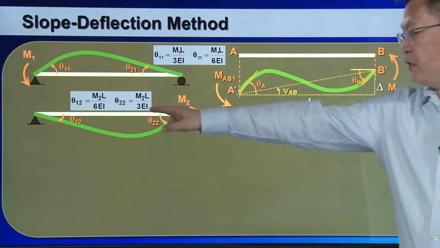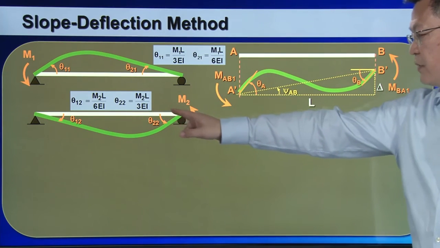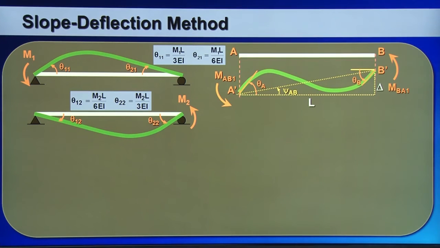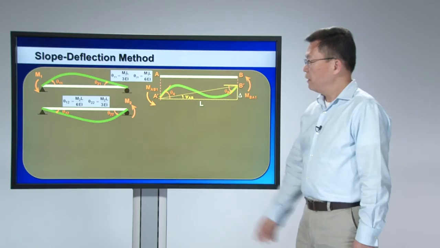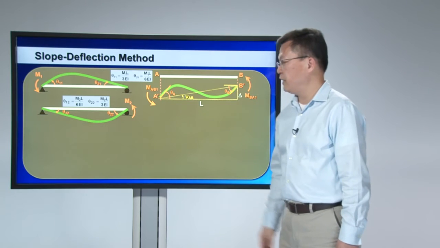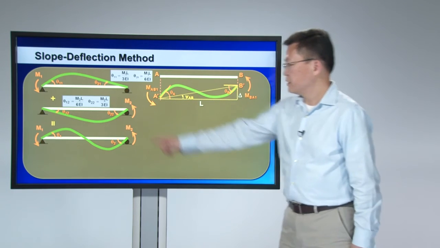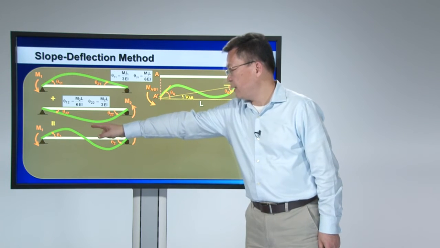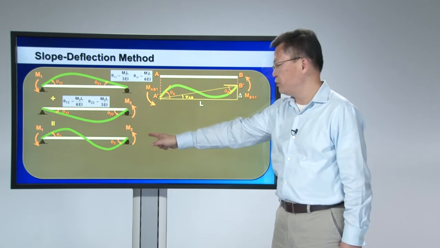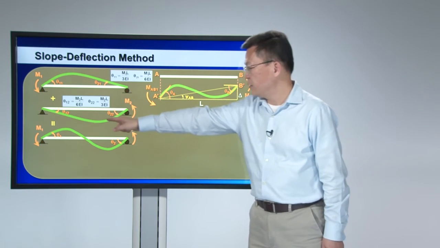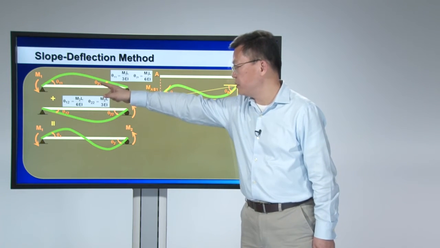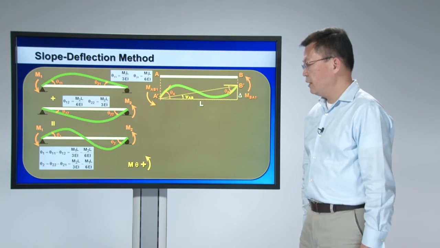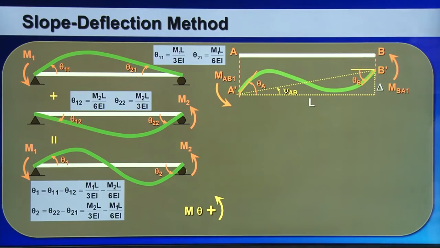Again, I can establish the rotation angles theta12, theta22 with respect to M2 through the energy principle. I can superimpose these two cases. So I have bending moment M1 applied at the left and bending moment M2 applied on the right, and the rotation angle is a superposition of theta11 and theta12. So I can establish this relationship.